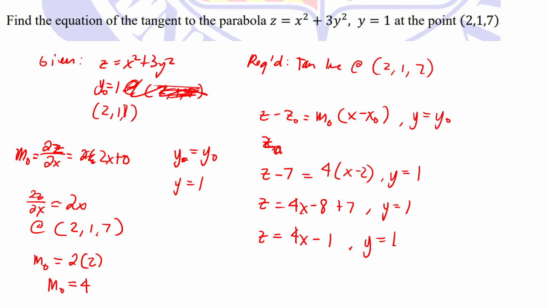So, the equations for your tangent line are z is equal to 4x minus 1 and y is equal to 1. Okay, questions? It's quite simple, right?